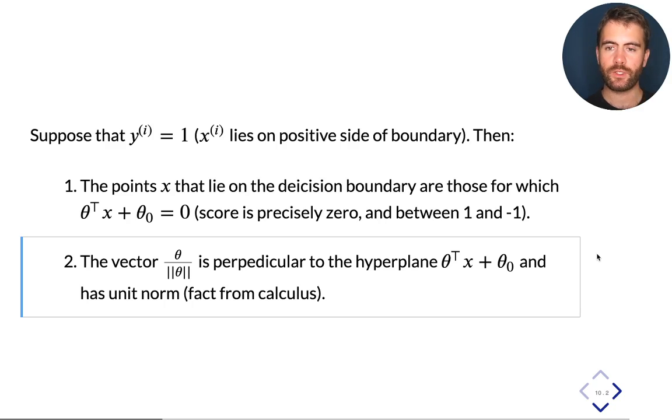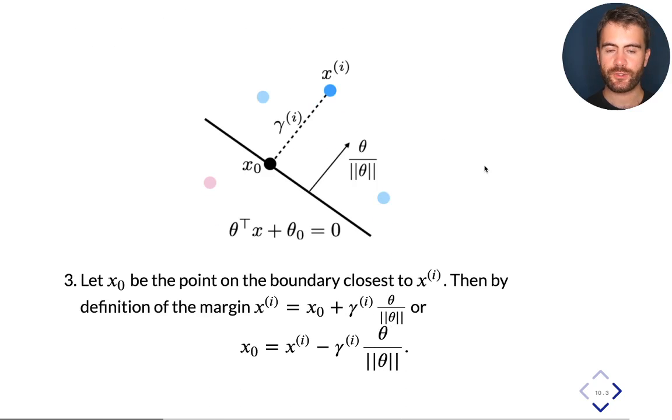This is something that you can see in material from a Calculus 3 course. And it's easier to illustrate visually. Here I have my hyperplane in black, and that is the set of points at which this equation holds. And then this vector here, theta divided by the norm of theta, is pointing in a direction that is perpendicular to this line.